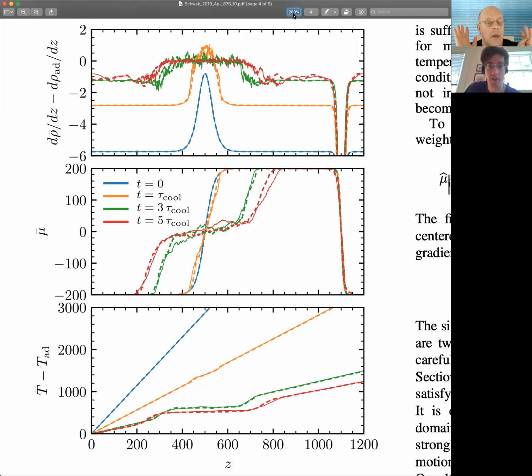So initially, when this starts out at the blue line, it's below 0 and it's stable. It doesn't want to convect. And then as we remove the stabilizing temperature gradient, this rises and crosses above 0. And once it does that, the hydrodynamics will want to start to convect.